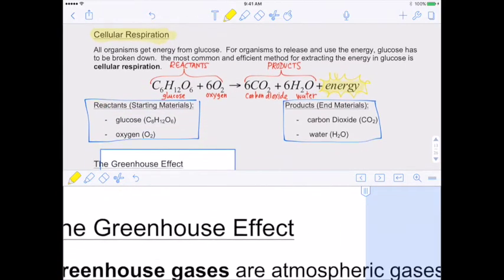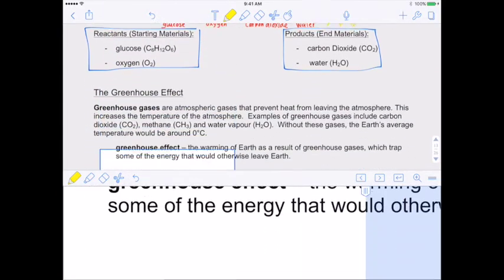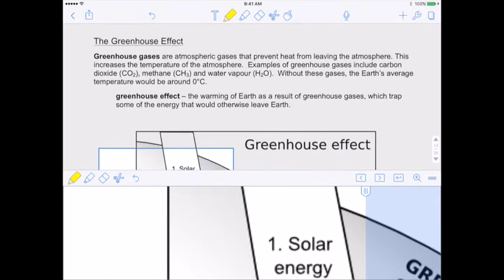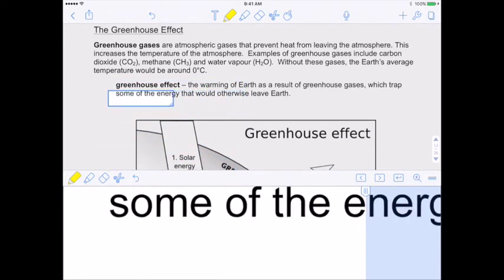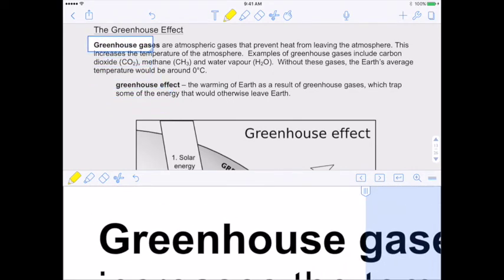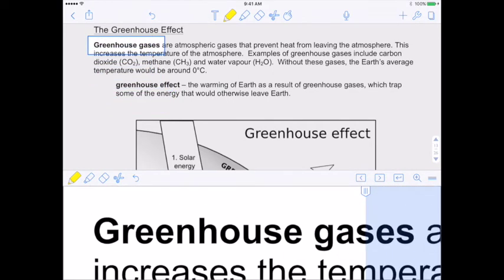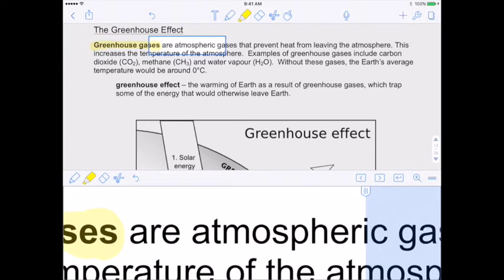Now, carbon dioxide is found in our atmosphere, and it's an important gas, and we call it a greenhouse gas. The reason we call it a greenhouse gas is because a greenhouse gas is one that prevents heat from leaving the earth. And this is actually important. Greenhouse gases are important to our climate.